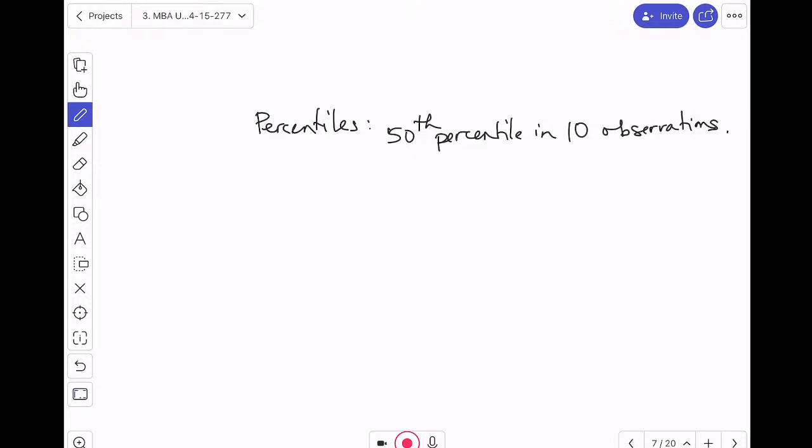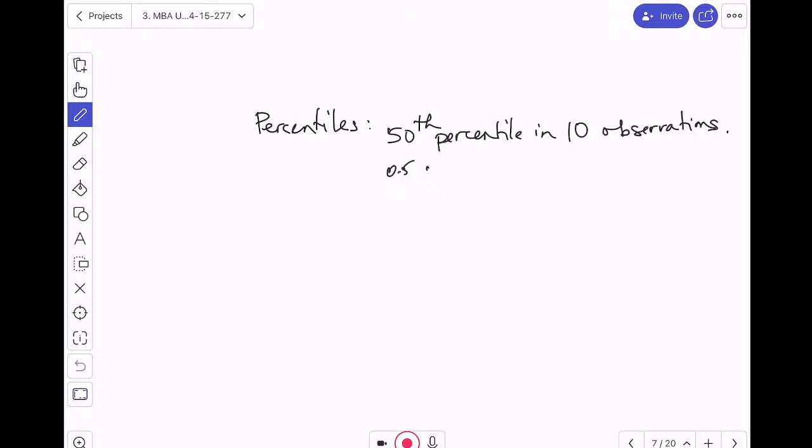Okay, so you want the 50th percentile if you have 10 observations. So the 50th percentile is the position where you have 50% of the observations at or below it. Now that particular definition, at or below, is sometimes changed to just below. So it's not standardized. It's not wrong if you use Excel, okay? But it'll help you understand if your answer is slightly different than somebody else got. They might have been using a statistical software that had a different definition.